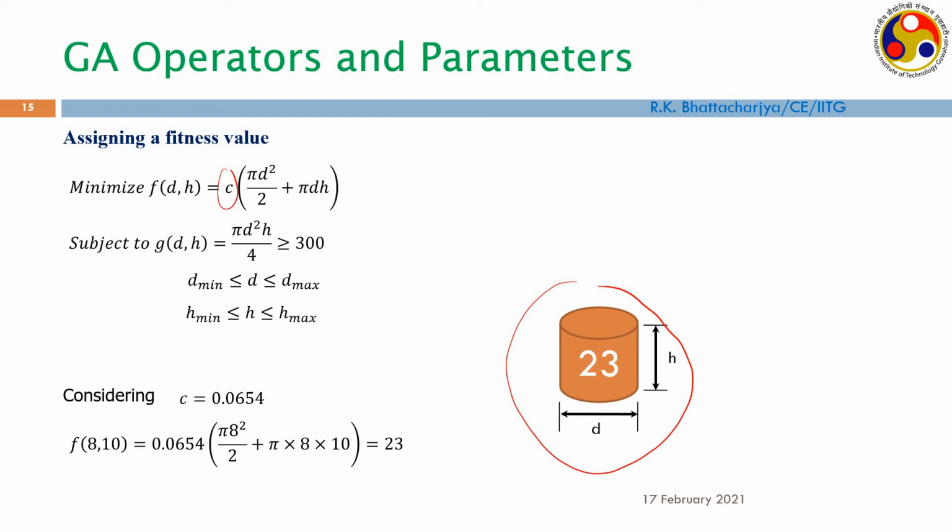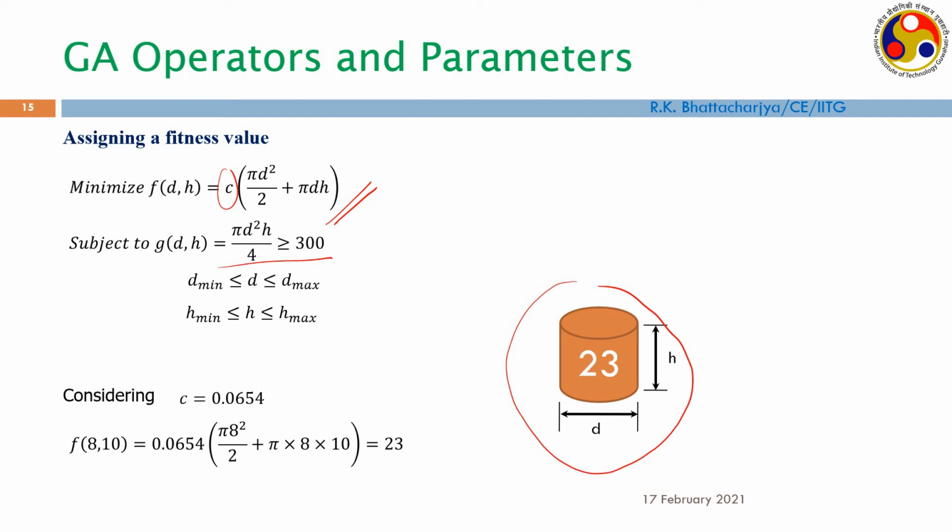The total surface area is given by this equation, multiplied by the cost per unit area, which is C. There is also a constraint here: the volume should be 300 ml, so volume is greater than 300.